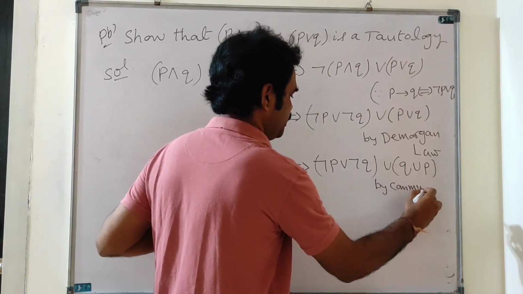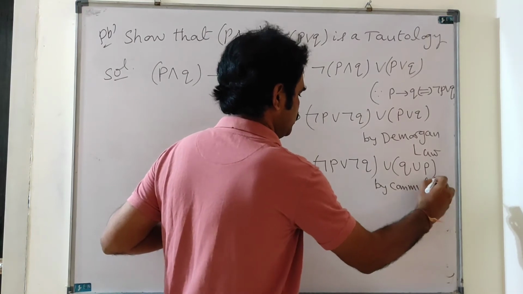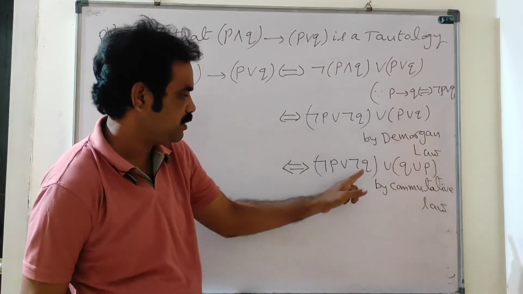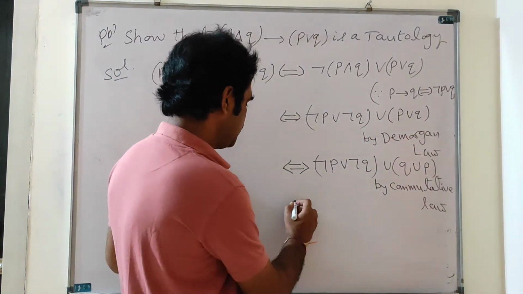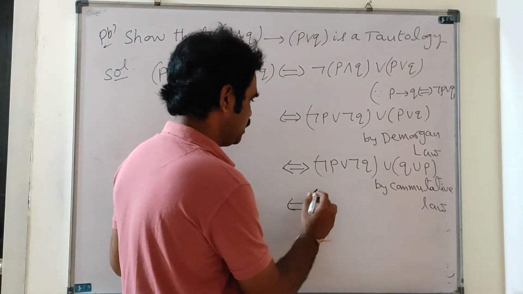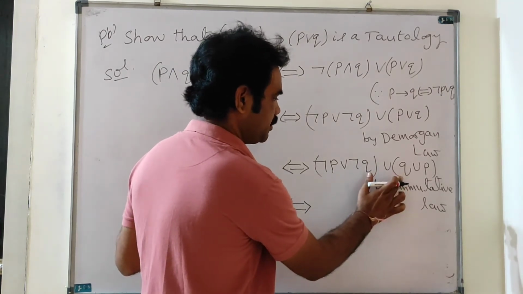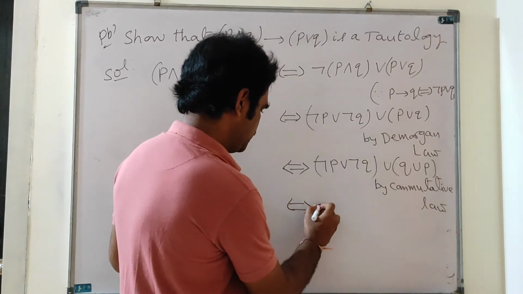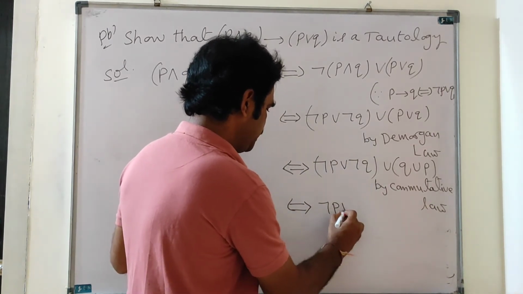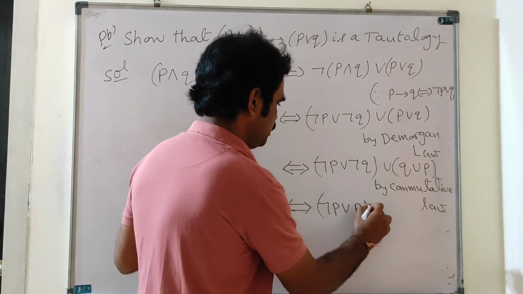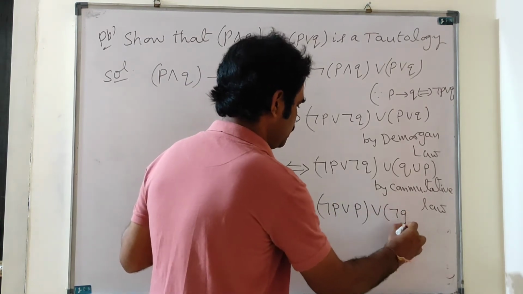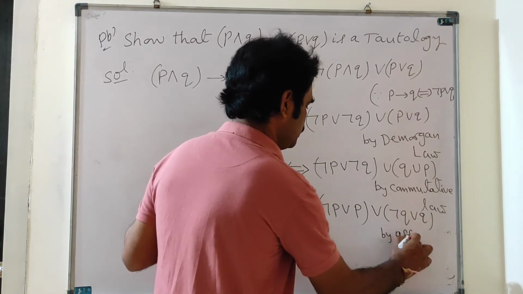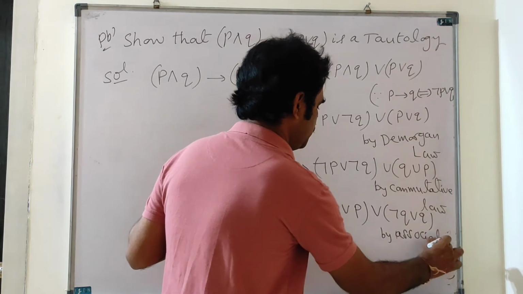You can write P or Q is equivalent to Q or P. Now this can be written, using associative law, as negation P or P, or negation Q or Q, by associative law.